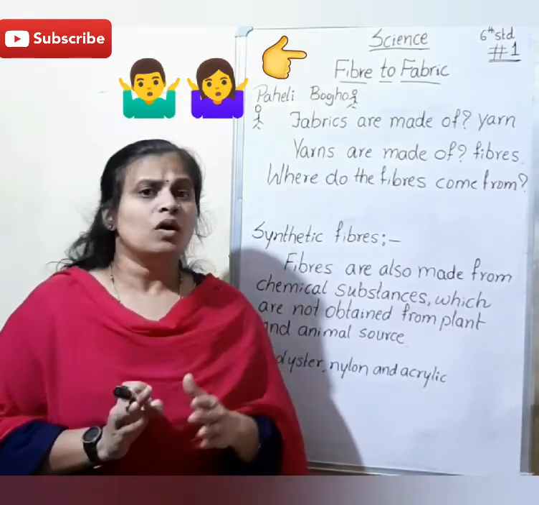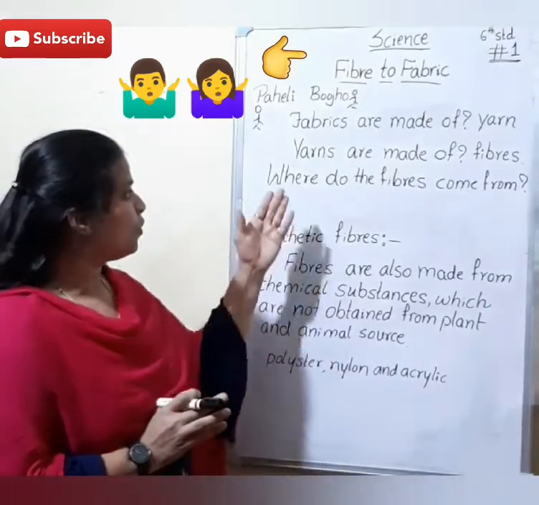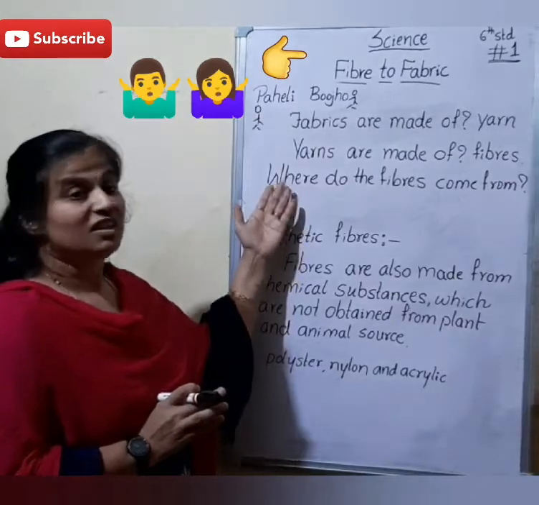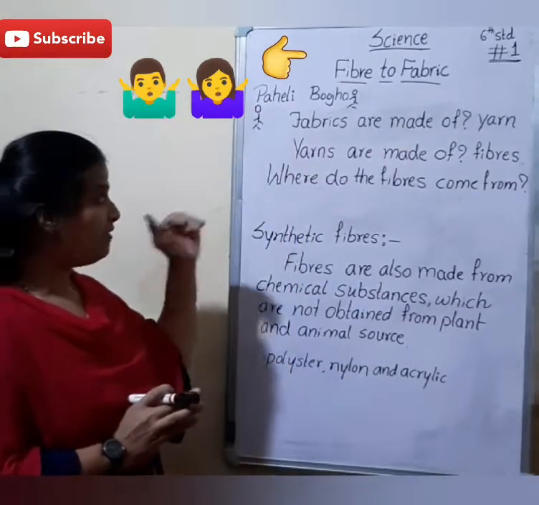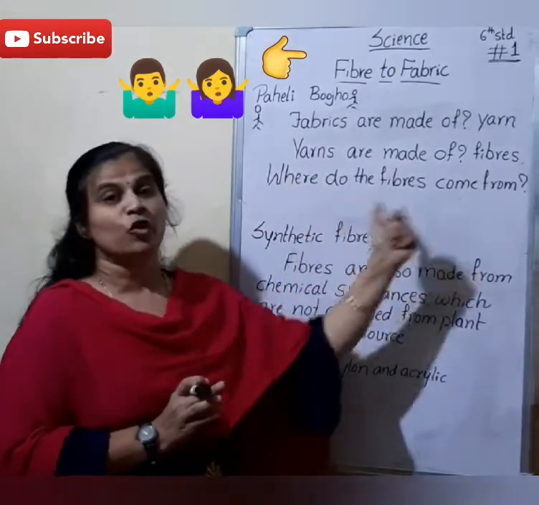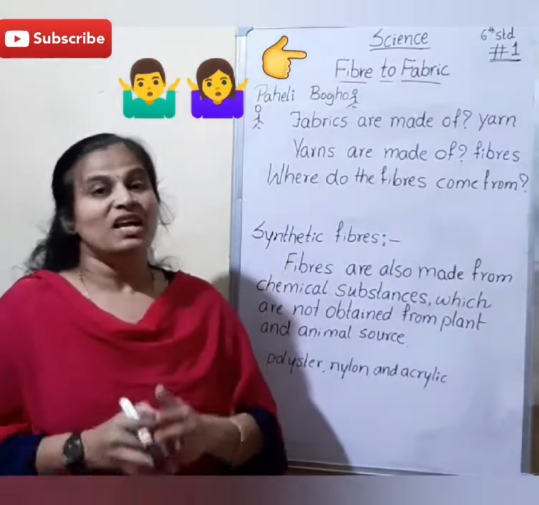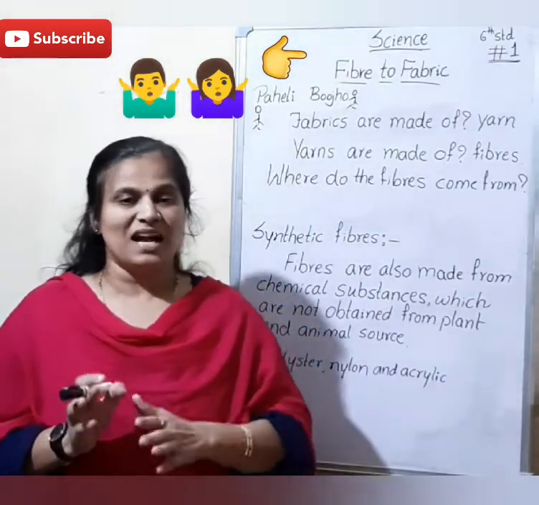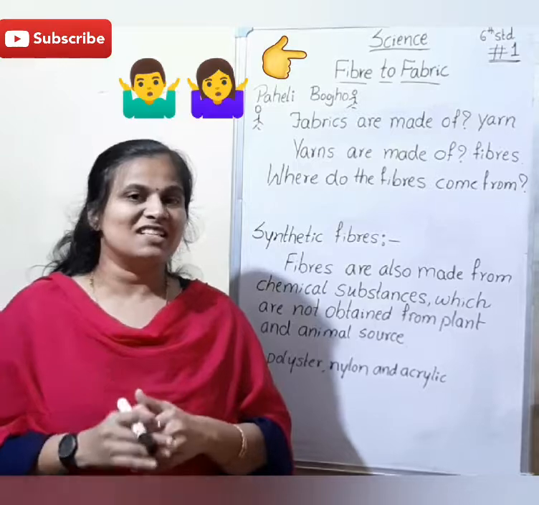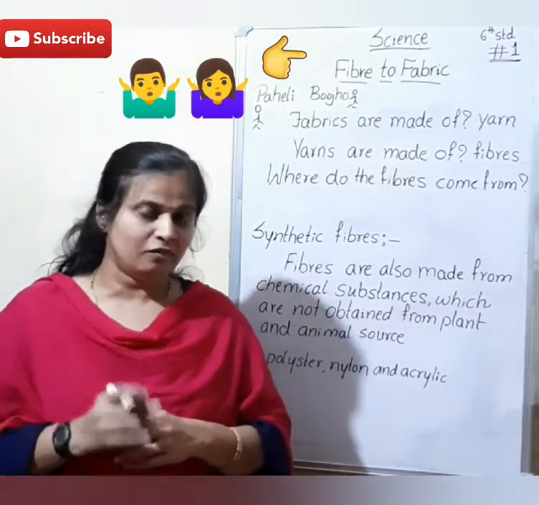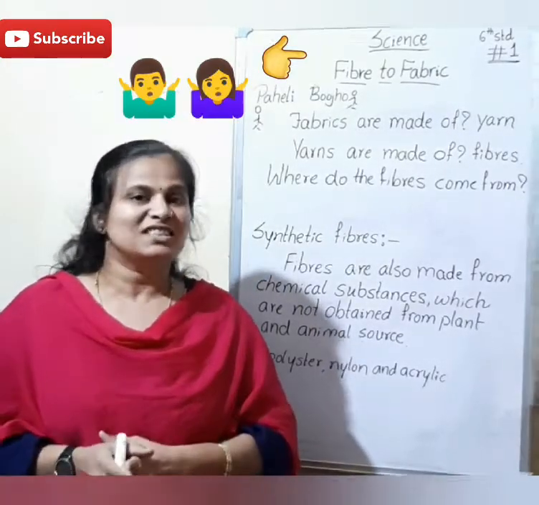Okay, so here we got the answer to this question: where do fibers come from? They come from natural sources, plants and animals, whereas synthetic fibers are obtained by using chemical substances.